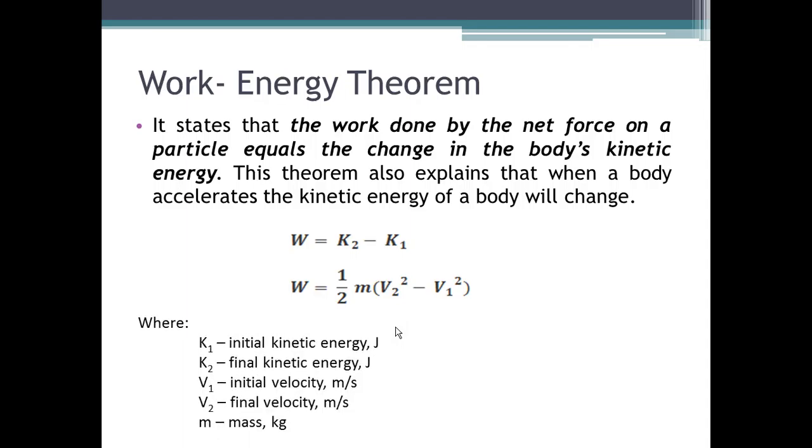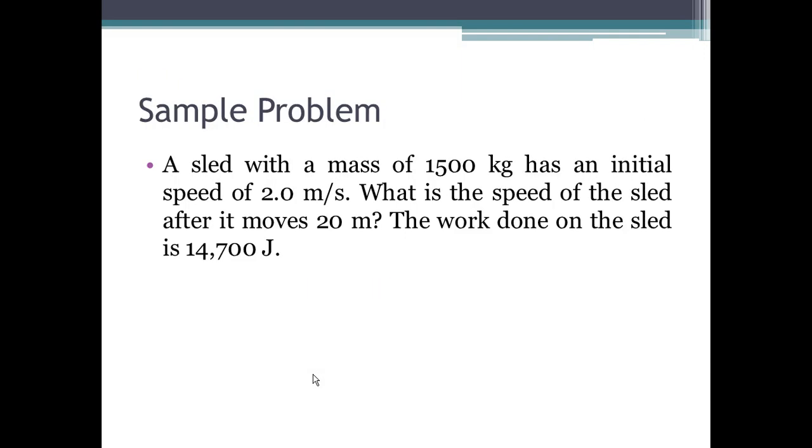That is equivalent to the work done, which is equal to the change in kinetic energy. Okay, so m is the mass of the object, v sub 1 is the initial velocity of the object, v sub 2 is the final velocity, K sub 1 is the initial kinetic energy, and K sub 2 is the final kinetic energy. So let's take on an example for this problem.